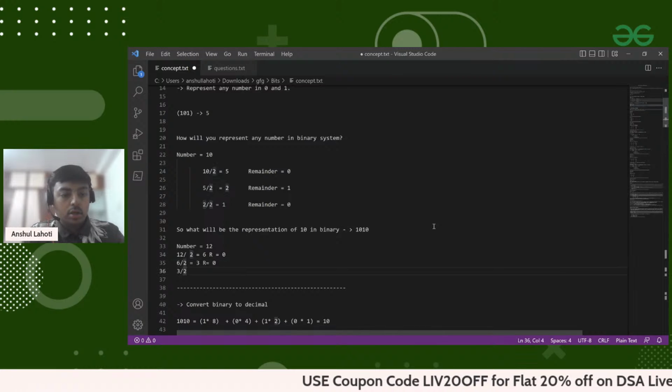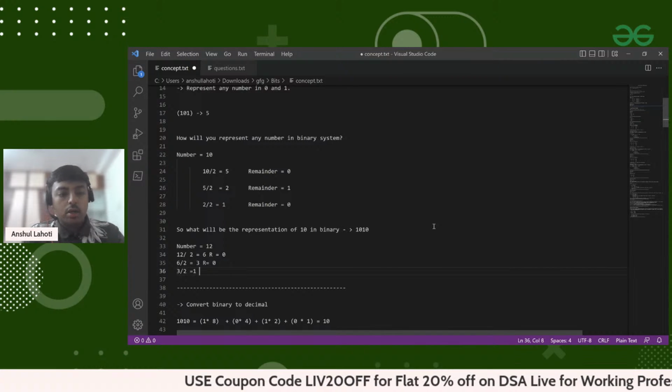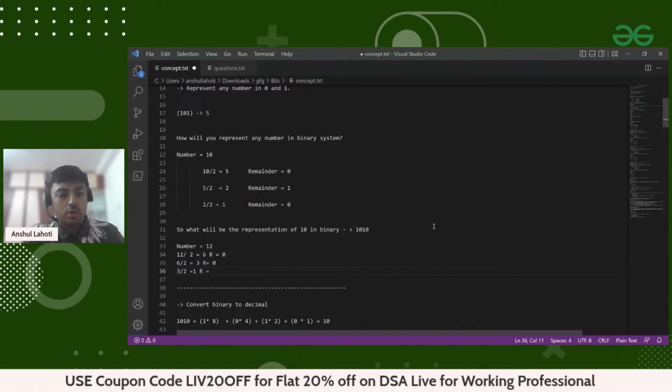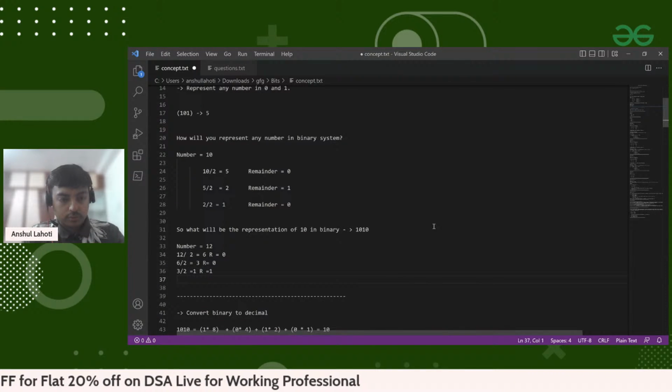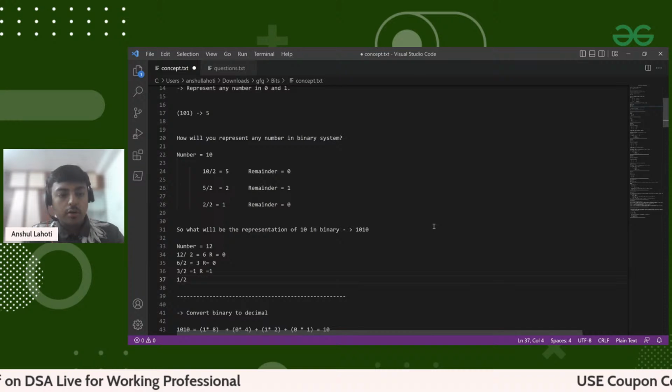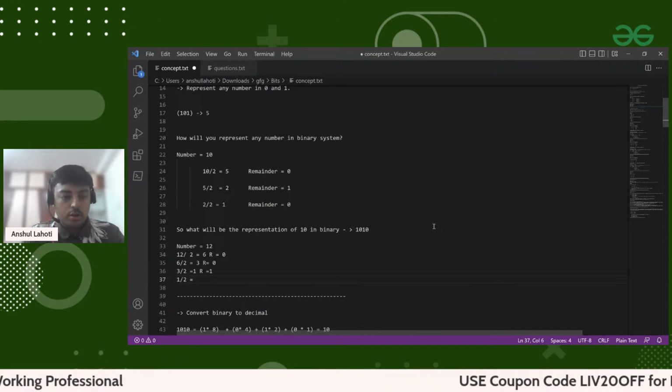And 3 divided by 2 is 1, remainder is 1 here, and 1 divided by 2 is again 1.